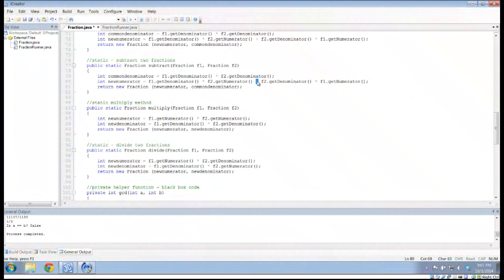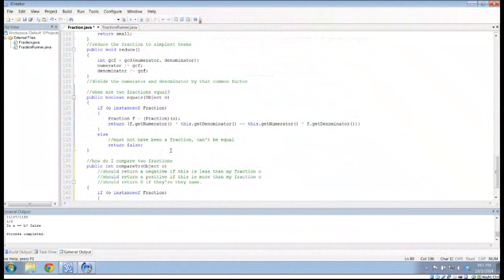If I subtract a smaller fraction from a larger fraction, I ended up with a positive number. And if I subtracted a fraction from itself, in other words, if I subtracted two fractions that were equal, I ended up with a numerator of 0. So this subtract method really is our clue of how we should approach this.